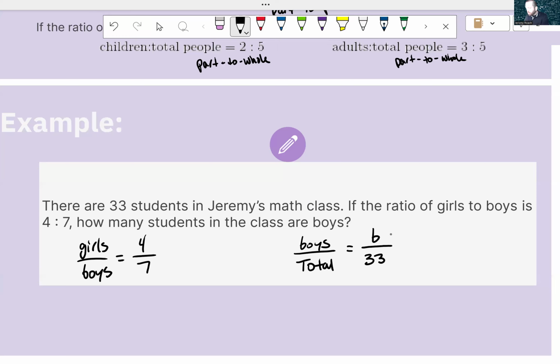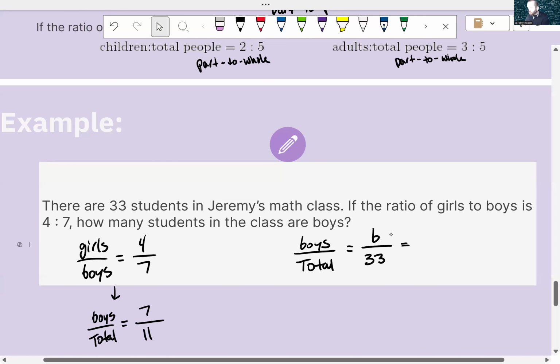So I'm going to write B for boys. But we have to write another ratio that's in terms of boys to total. Right now we have girls to boys, but we can rewrite this in terms of a total ratio. And we can say that boys to total from that smaller ratio that we were given is 7 to 11. So we just add those together to get 11 for our total, 7 to 11.